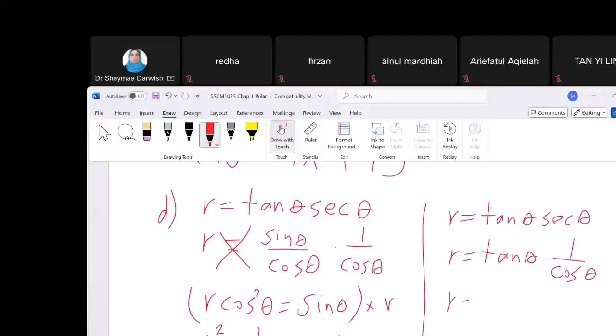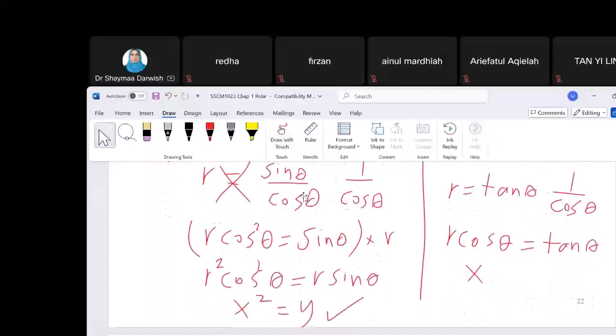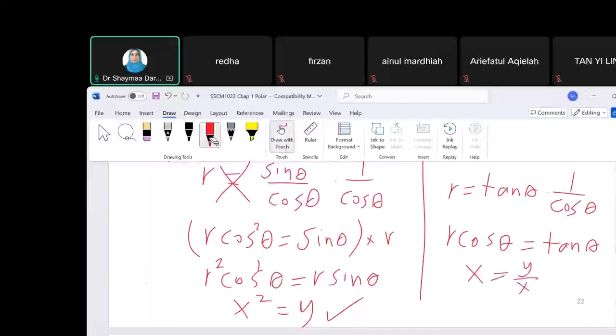So r cos theta equal to tan theta. r cos theta is x, and tan theta is y over x. And then y equal to x squared. This is also fine, and if you use sine over cos, that is also correct.